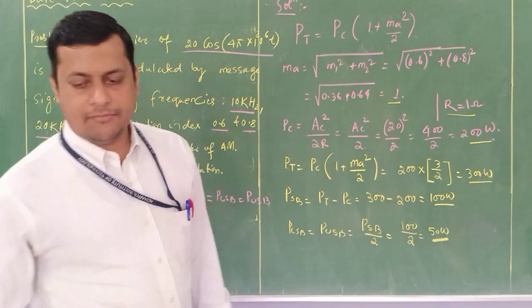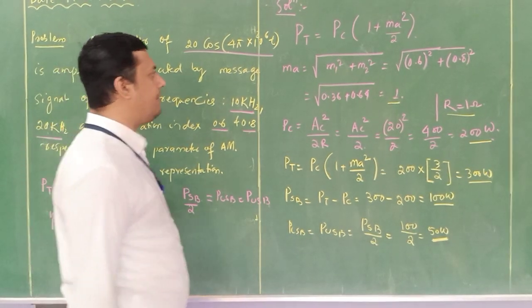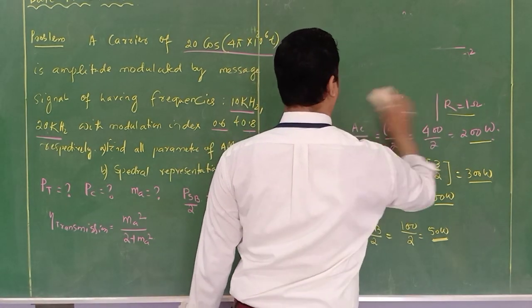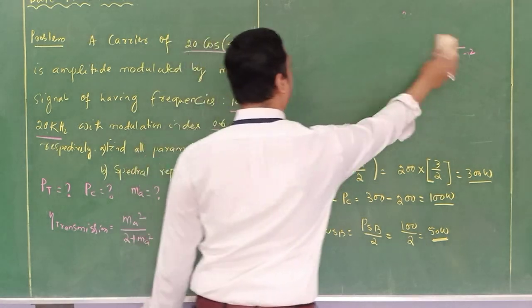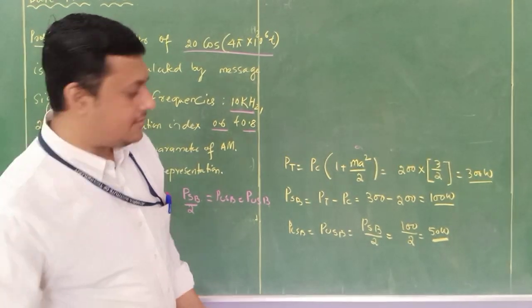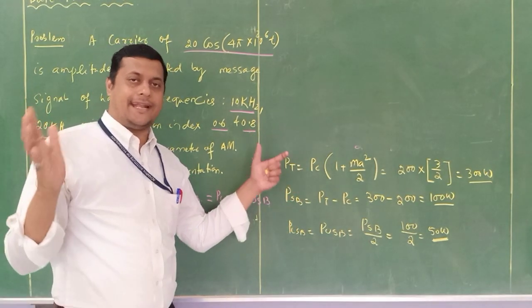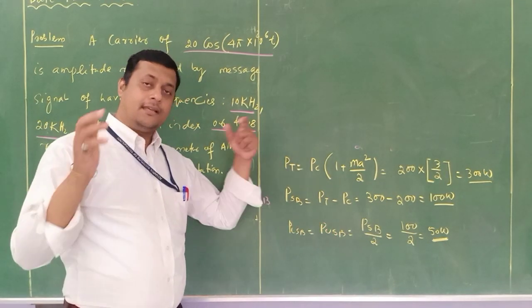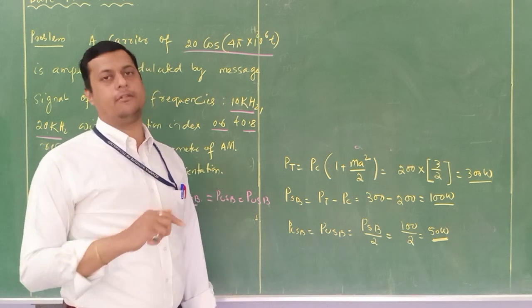Now once this sideband power is known to us, next we have to calculate the efficiency of transmission. Whatever I have identified here is the total sideband. This upper sideband and lower sideband consist of more sidebands that we have to calculate individually.